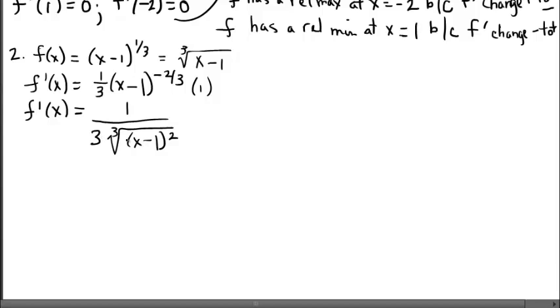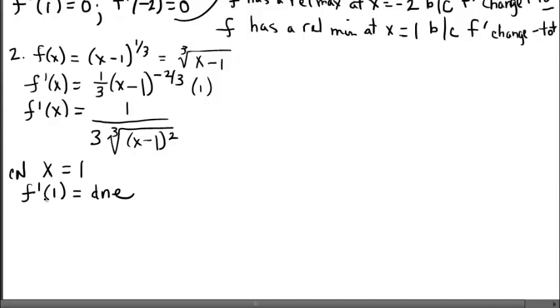You could show the work by setting the denominator equal to 0, or setting the derivative equal to 1 over 0 and cross multiplying, which results in the denominator equals 0. You'll end up with x equals 1. So when x equals 1, we have a critical number. f prime of 1 equals not 0, but does not exist. This is still a critical number.